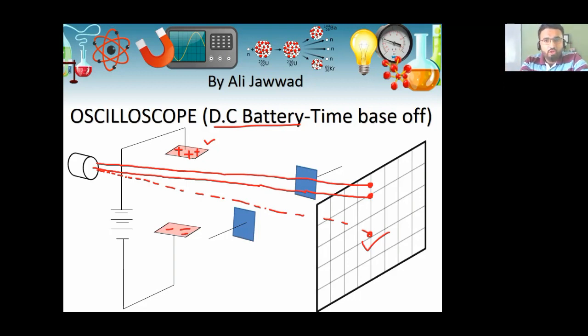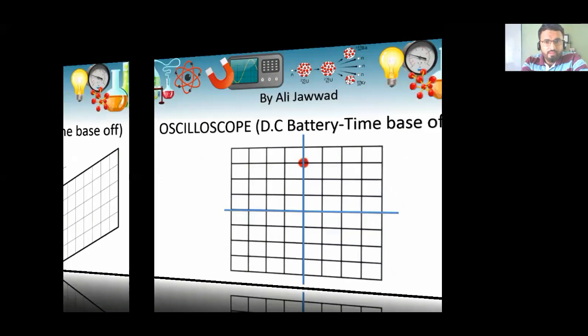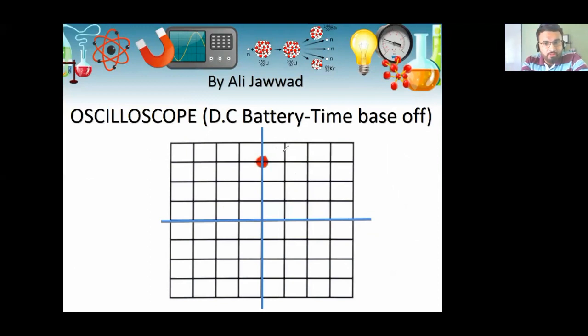So we will observe this kind of pattern when the time base is turned off. The spot is appearing because electrons are hitting continuously on this particular position on the screen.